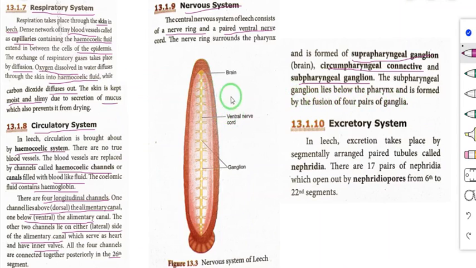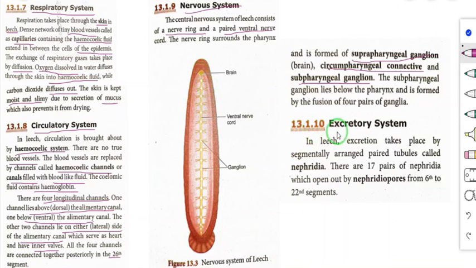Singular is ganglion, plural is ganglia. So 4 pairs of ganglia, like this: 1, 2, 3, 4.